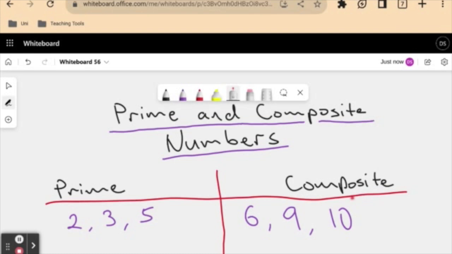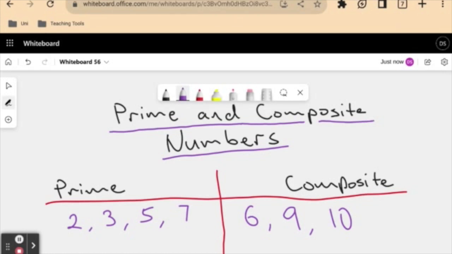We can think of primes as, to get this number, I can only multiply 1 by the number. As an exercise, I'll get you to think of another prime number. I'm thinking of 7, for example. 7 is another one of these numbers where we can't multiply anything by anything to get 7 that's not 1 and 7.